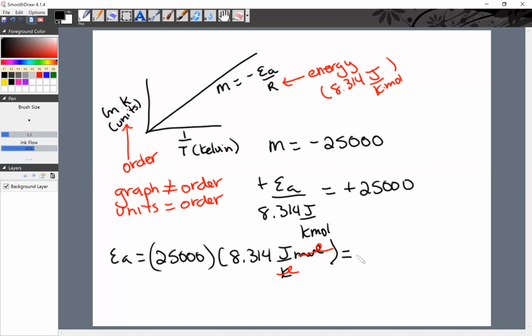Let me get my calculator. 25,000 times 8.314. We are going to get 207,850 joules, or 207.9 kilojoules if I kept those 4 sig figs. And if you'll notice, the sign comes out positive.